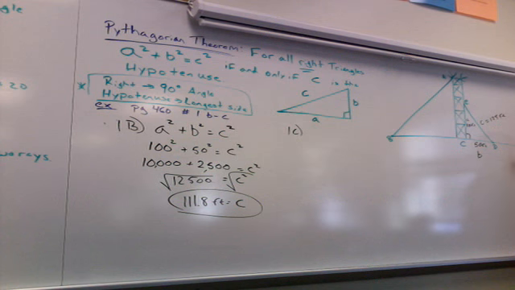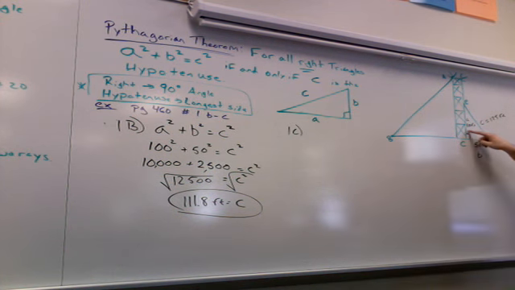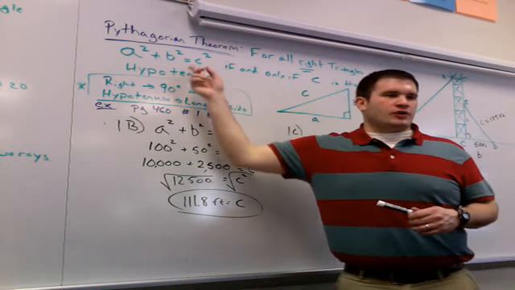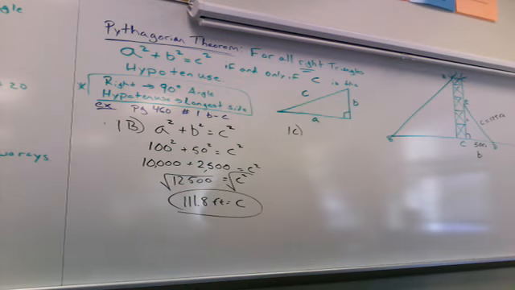Okay. They ask us how far up the tower we have to climb. So which of these is going to change, the 50 or the 100? 100. Okay. So we got to find A in part C. Now, if I'm going to find A, do I just rewrite this and say c squared plus b squared equals a squared?